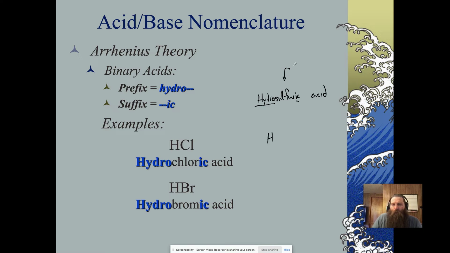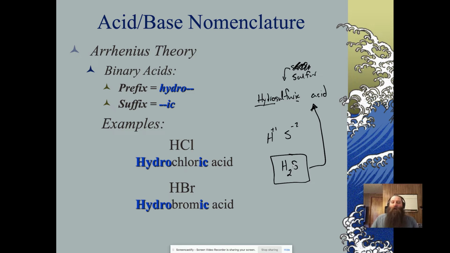Sulfuric must have come from sulfate, or not sulfate, sorry, sulfur, the element sulfur, because it's a binary compound. So hydrogen is again +1. Sulfur is a chalcogen, so it's -2. So the formula would be H2S. That is hydrosulfuric acid. So that's how I name binary compounds.